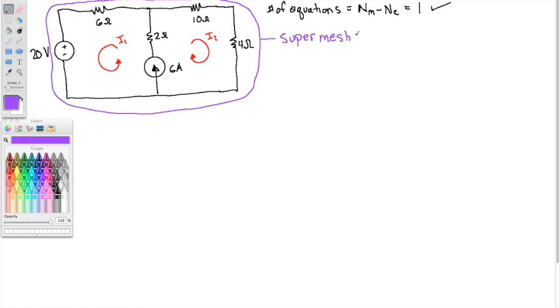And let's be concrete here. A supermesh forms when two meshes share a current source.